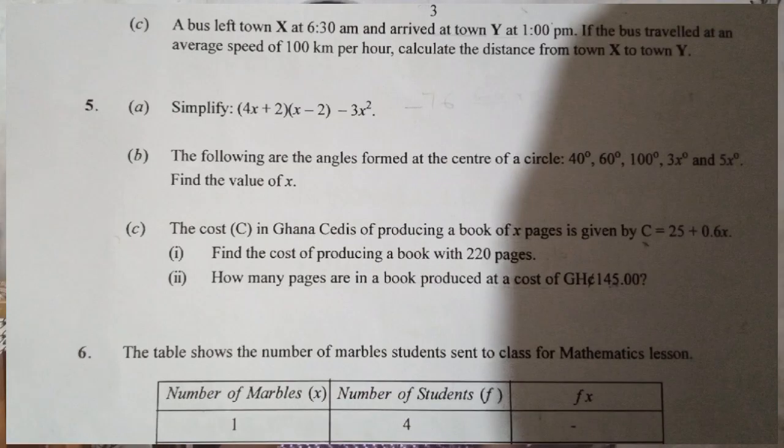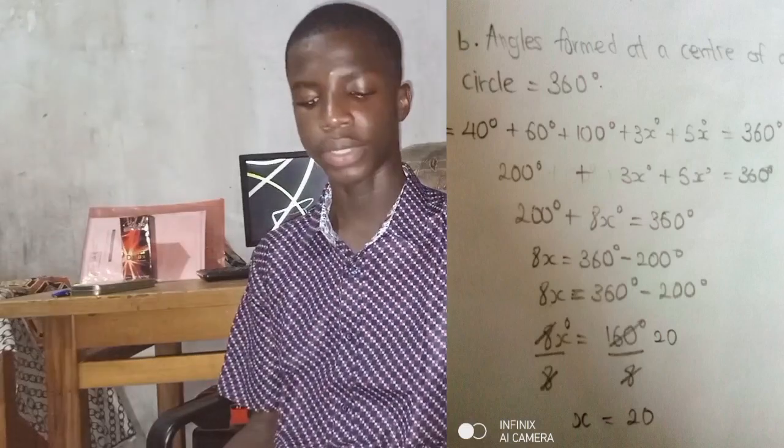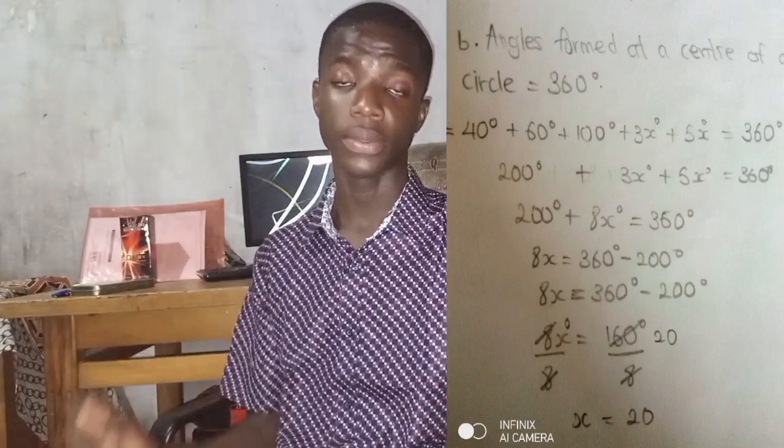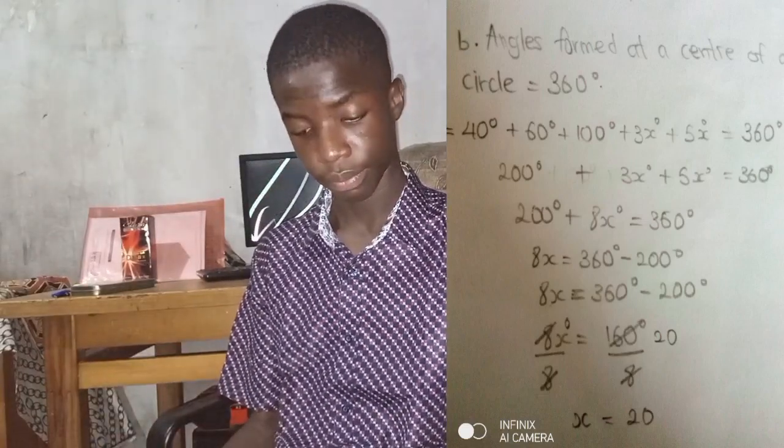5b. The following are angles formed at the center of a circle: 40 degrees, 60 degrees, 100 degrees, 3x degrees, and 5x degrees. Find the value of x. Angles at the center of a circle add up to 360 degrees.